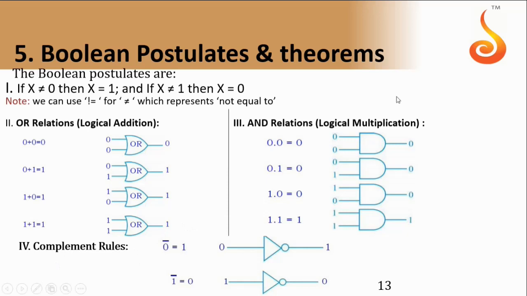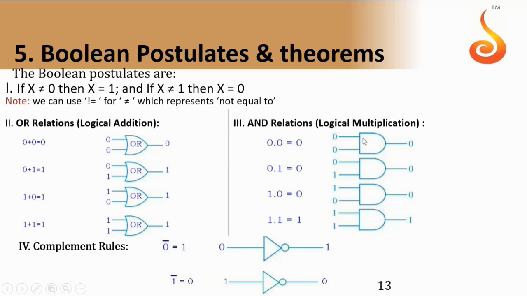Boolean postulates. The next, please make a note. The next is logical multiplication. It is always AND. AND is logical multiplication, OR is logical addition. Complement is NOT. See, this is the symbol of AND. You need to write this symbol only.